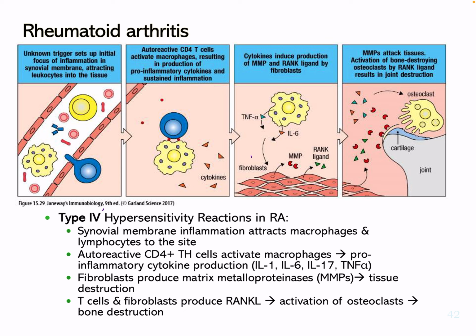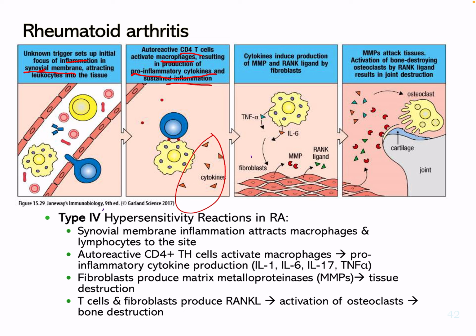In rheumatoid arthritis, an unknown trigger sets up the initial focus of inflammation in a synovial membrane located in our joints, attracting leukocytes into the tissue. We have our autoreactive CD4 cells, which activate our macrophages, resulting in the production of pro-inflammatory cytokines, causing sustained inflammation. Again, these cytokines are usually targeted.